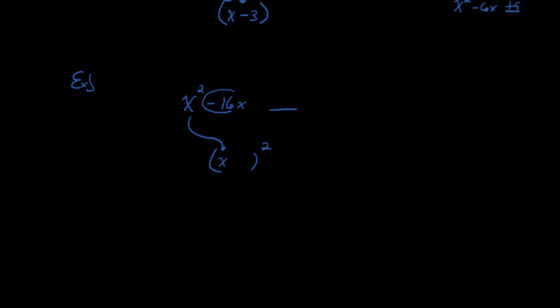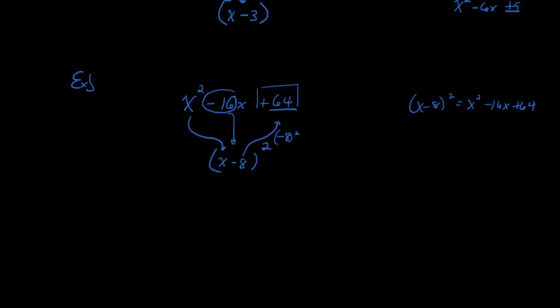This term I would divide by 2, so I would get negative 8. And most of you now are recognizing that if I square negative 8, I'm going to get that value of positive 64. So I would have to add positive 64 in order to have that perfect square, because x minus 8 quantity squared is in fact x squared minus 16x plus 64.